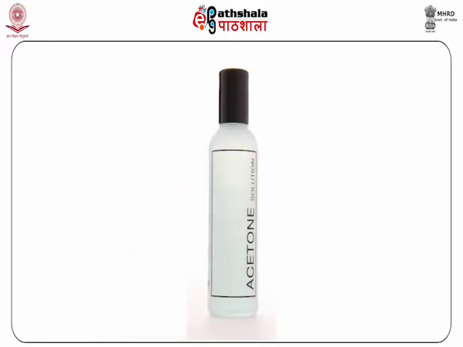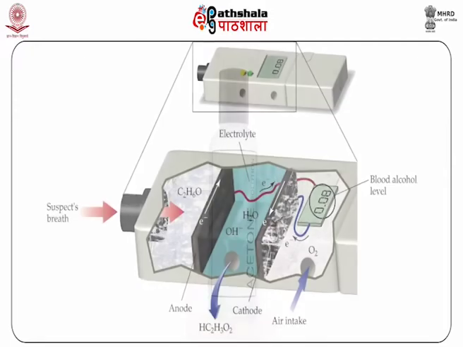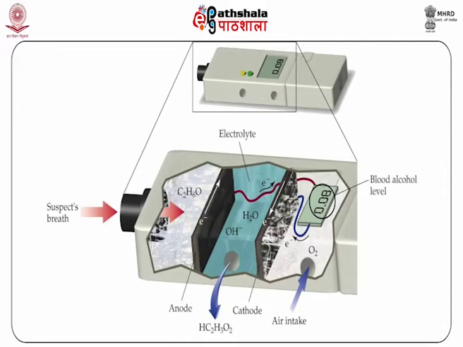Acetone, on the other hand, is an interfering compound which may give a false reading of ethanol to some breath testing machines. Fuel cell based systems are, however, non-responsive to such substances.